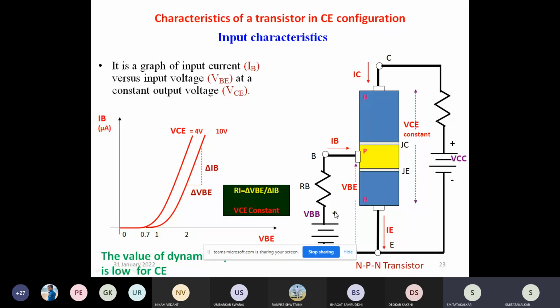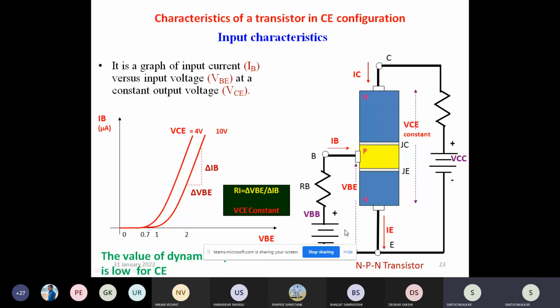The negative terminal of the supply is the anode, and the positive terminal is the cathode. The supply is passing through the base terminal. The base is connected to the P region.